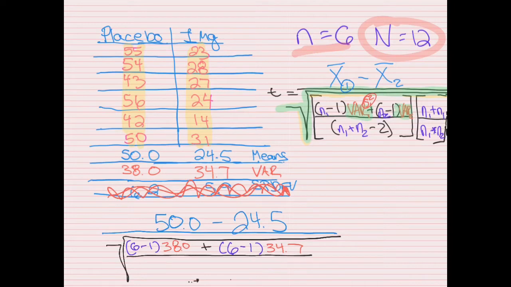And all of this is going to be over 6 plus 6 minus 2. So n for group 1 and for group 2, minus 2.